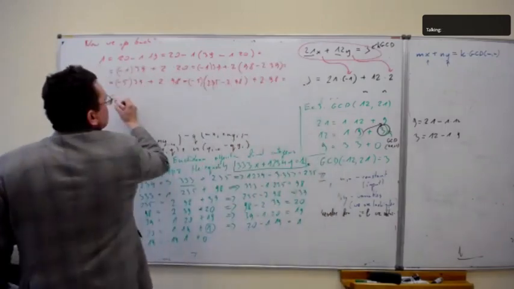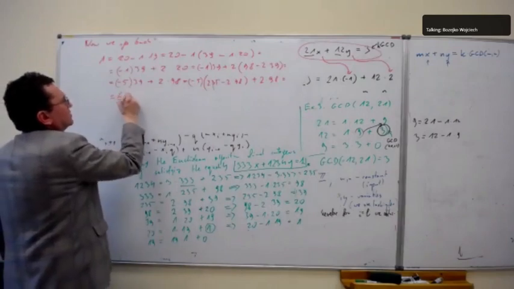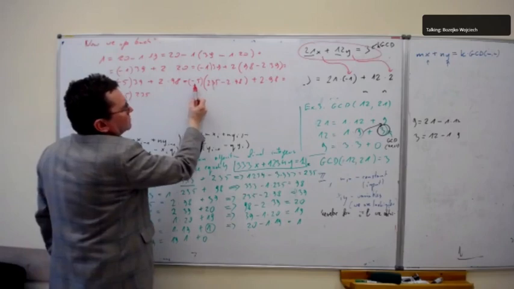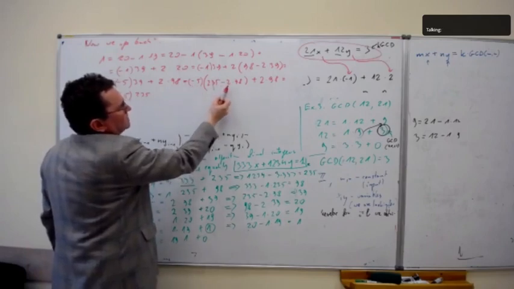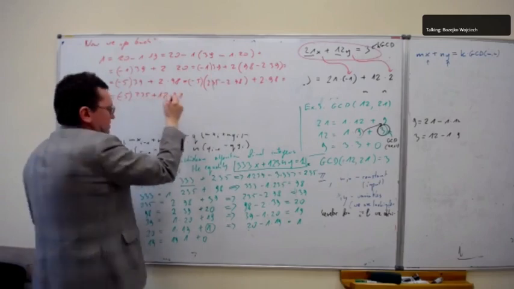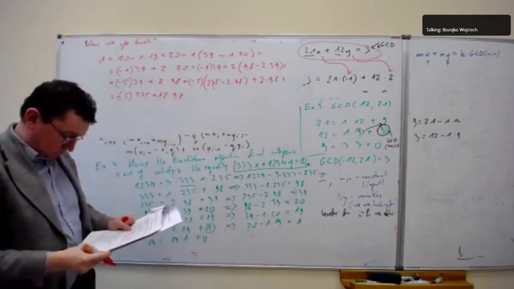After making order, we have minus 5 times 235, and here we have minus 5 and minus 2, this is plus 10, and plus 2, this is 12. 12 times 98. Is it okay?